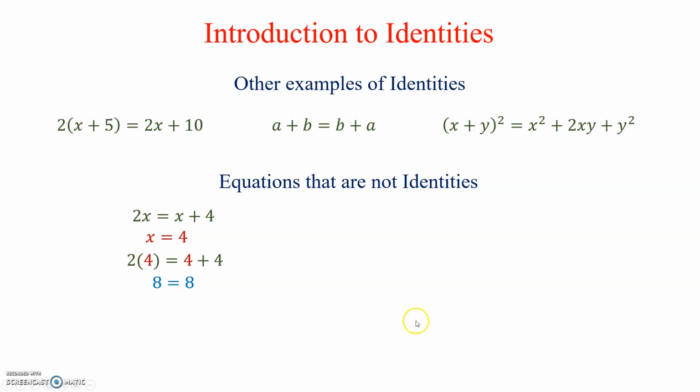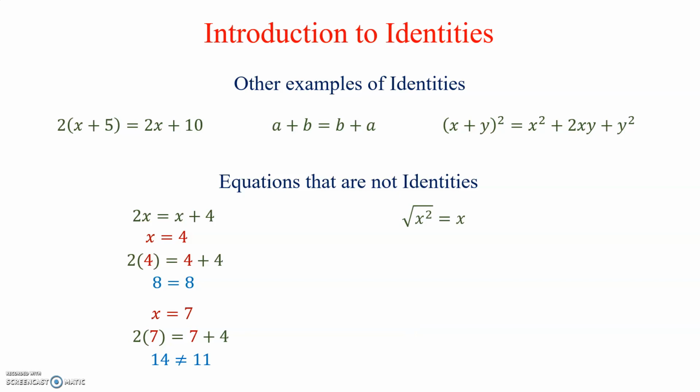But according to the definition, we should be able to substitute any value in. Let's substitute 7. 2 times 7 on the left and 7 plus 4 on the right. The left side is 14, the right side is 11. So this shows that the original equation, 2x is equal to x plus 4, does not fit the criteria for being an identity.